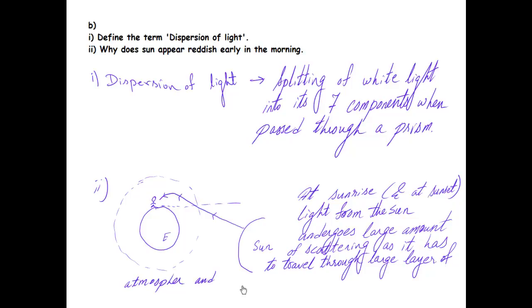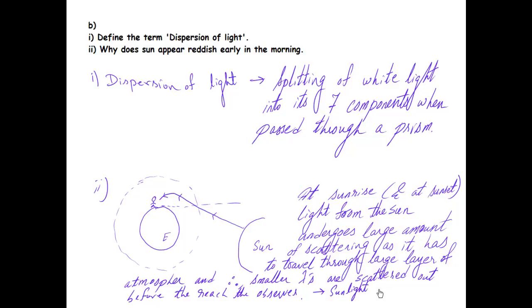And therefore the smaller wavelengths are scattered out even before they reach the observer, and therefore the sunlight reaching the observer is rich in red light. So sunlight reaching the observer is rich in red, which is the longest wavelength and scatters the least.